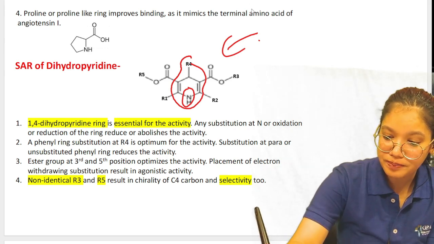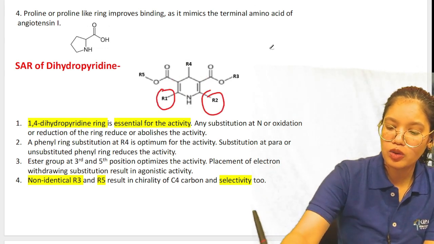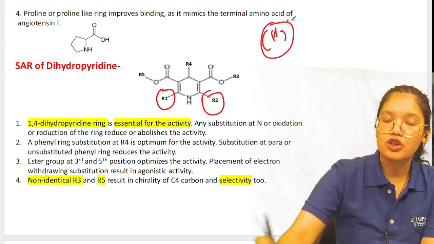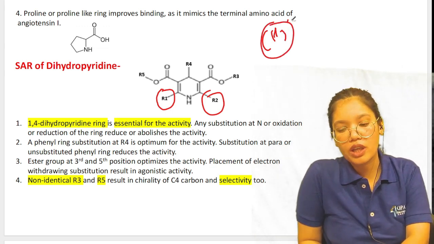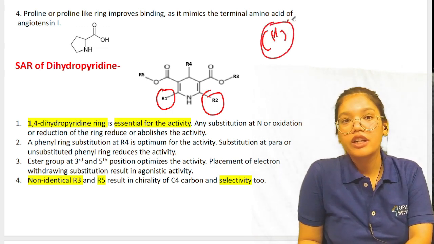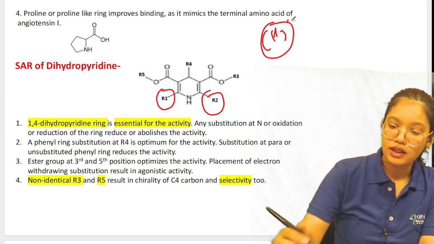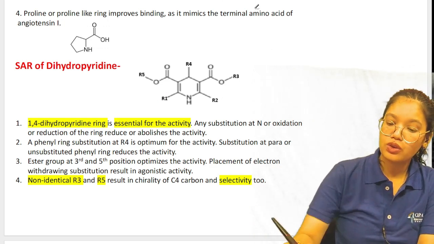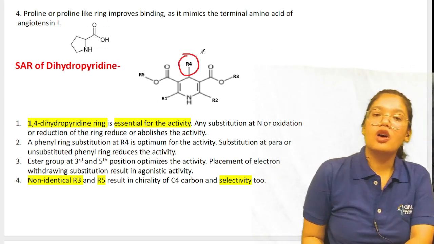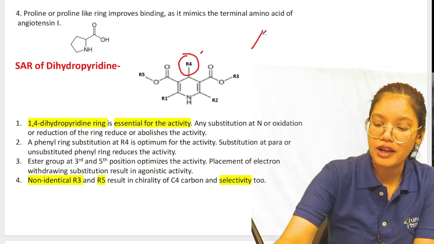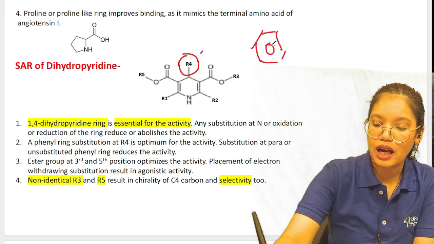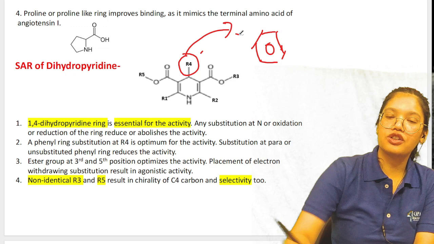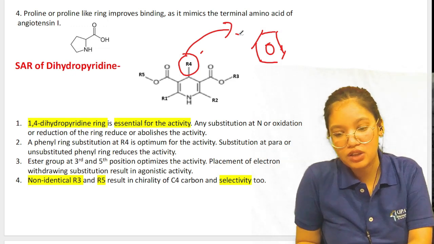Now at this R1 and R2 position, CH3 shows the optimum results. Okay, so having CH3 there shows a good result. Then taking the R4 position, having the phenyl group attached to this R4 position shows the optimum activity.